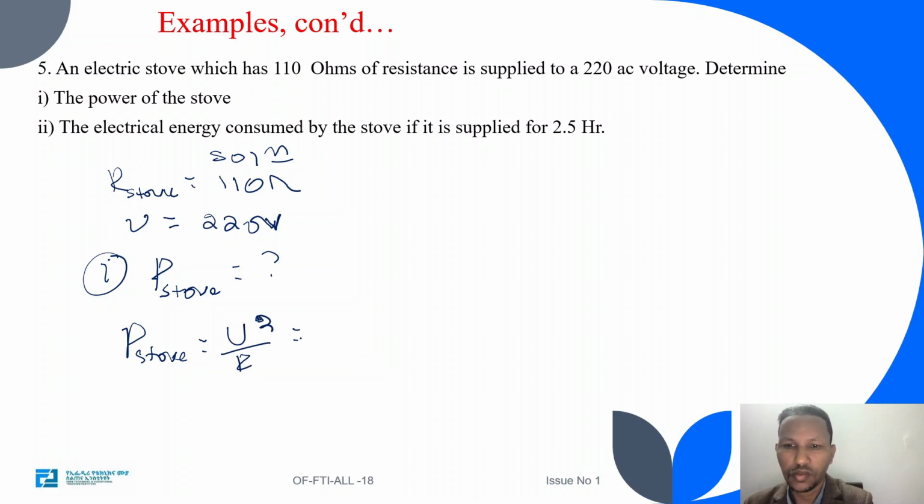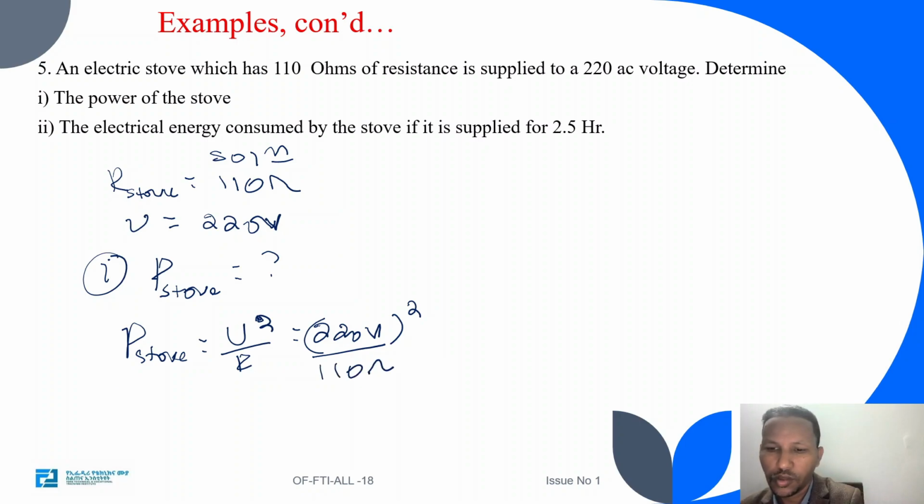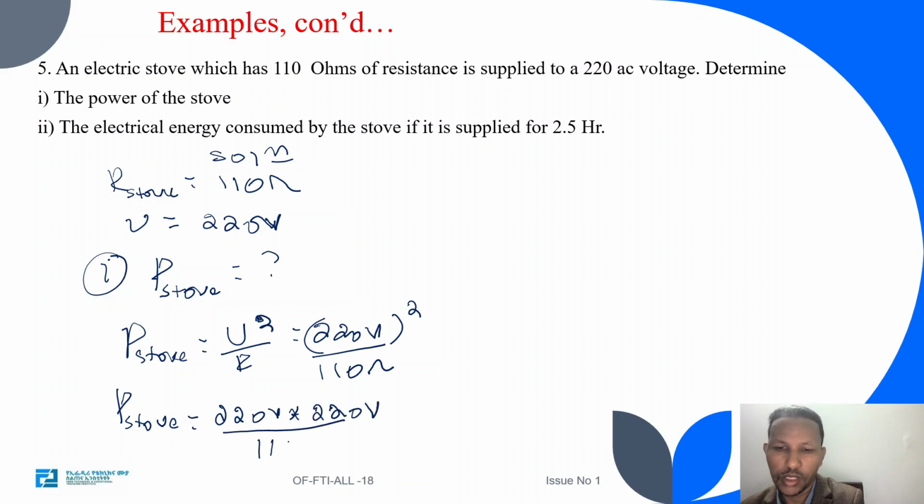So the voltage is 220 volt, the whole square. The resistance of the stove is 110 ohm. So P stove is equal to 220 volt times 220 volt over 110 ohm.